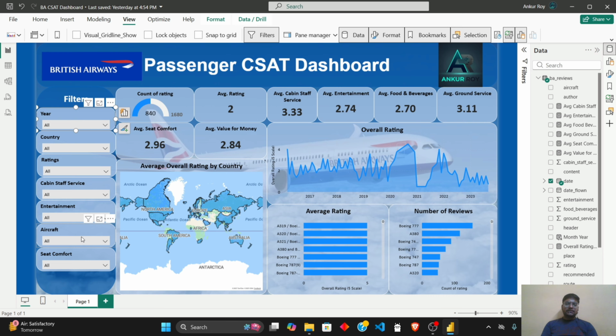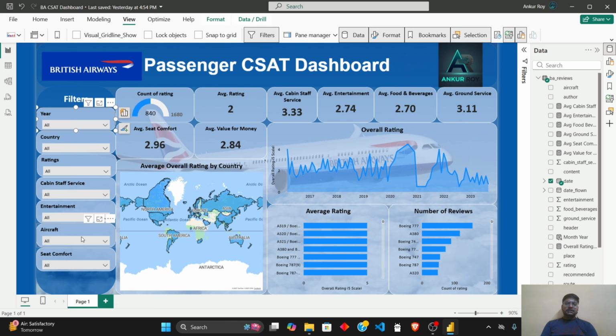Passenger satisfaction also varies across time, geography, and aircraft type, indicating that a one-size-fits-all approach may not be effective. By focusing on targeted improvements in lower-rated services and high-impact aircraft or regions, British Airways can significantly enhance overall customer satisfaction and long-term brand loyalty.